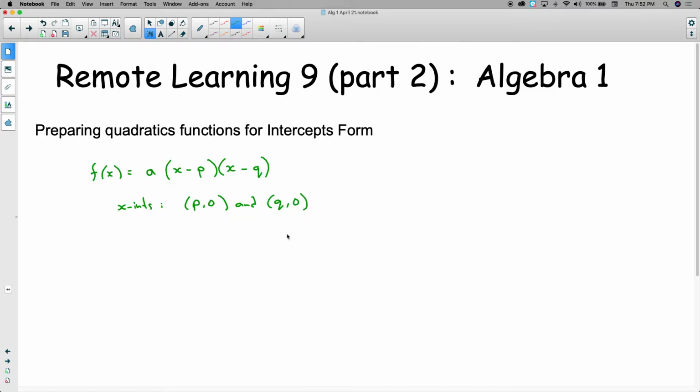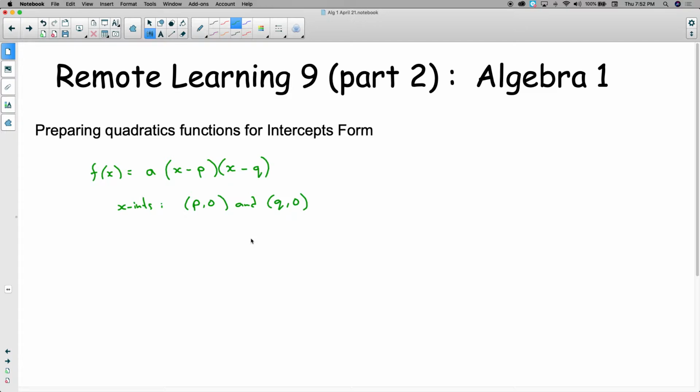So it seems a little strange, but we saw that that was a result of setting the function equal to 0 and going after the height 0 and using the zero product rule, where you ended up having to add p to each side and add q to each side. So I'm not going to rewind that part.